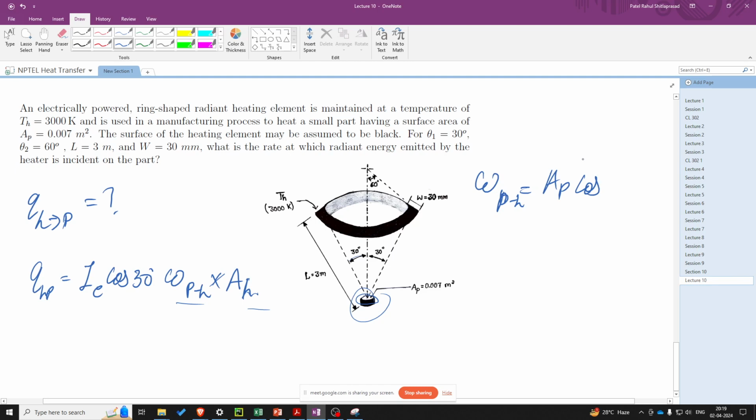From part to heater it will be the area of the part times cos of, okay, so over here, since this is our heater and it is radiating the energy, I think this will be 60 degrees over here, and this angle is 30 degrees. So cos of theta 1 upon the distance L square.